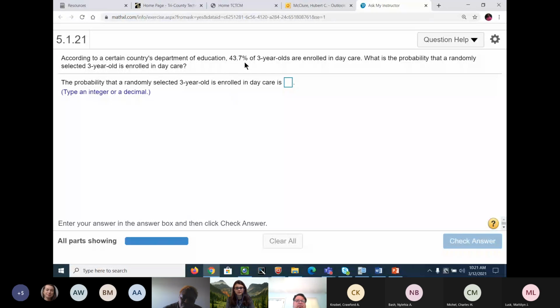Well, that would be 43.7 over 100, but I don't understand type as a decimal. Okay, I'm a little bit confused here. 43.7% of 3-year-olds is 0.437.